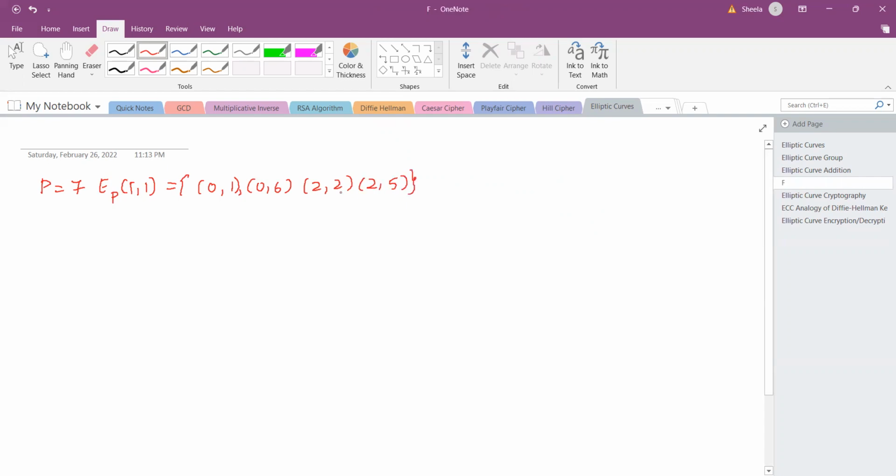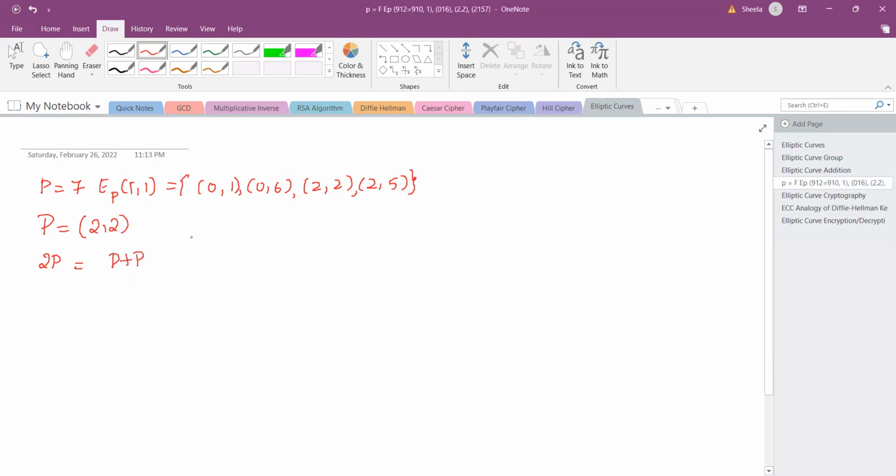These are the points, and we took the point p equal to 2 comma 2. So now when I want to find out 2p, what I have to do? I need to add p plus p.